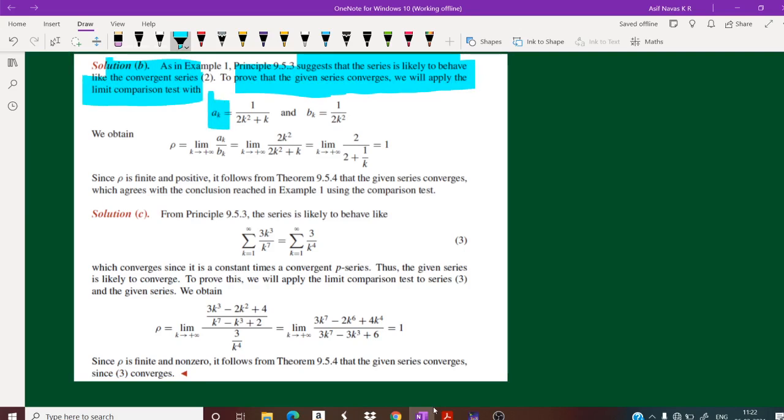So I'm taking ak equal to 1 by 2k square plus k, and bk is equal to 1 by 2k square. We can choose 1 by 2k square or 1 by k square, anything, so that we get a finite limit, right? If you know this, you have a guess that this converges.